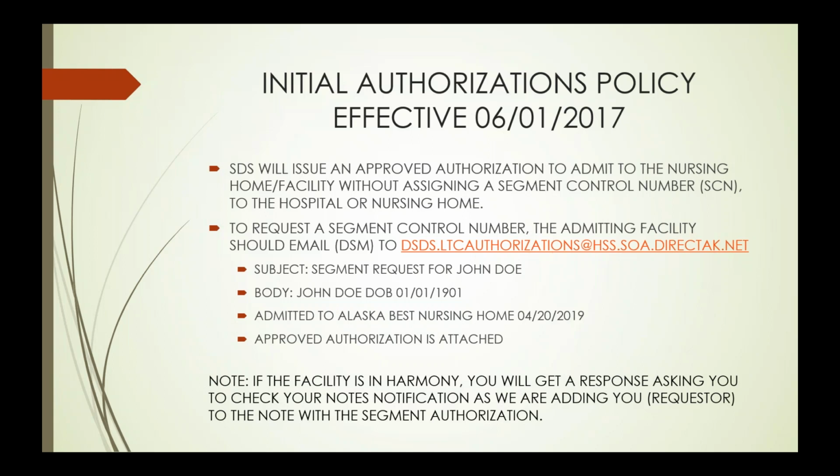You will see that any initial admission authorization will be approved and returned to the facility or the hospital without a segment control number. The admitting facility should email DSM, email us at the address provided. We'd like to see that in the subject line you indicate segment request for your resident or your patient.